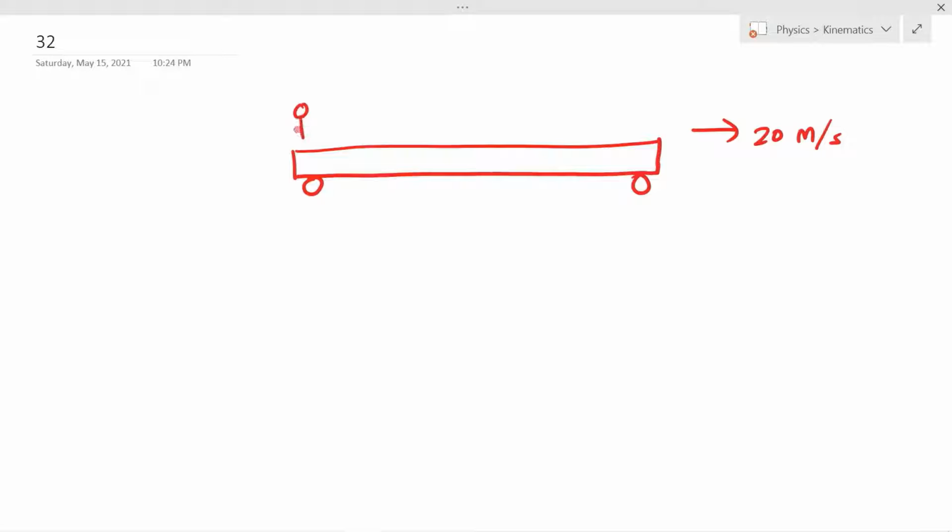And there are two persons standing at the ends of the trolley, and let's say the length of the trolley is 200 meters. Let's say this is person A and this is person B.